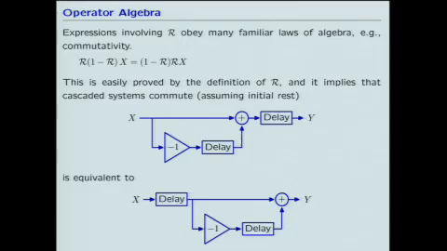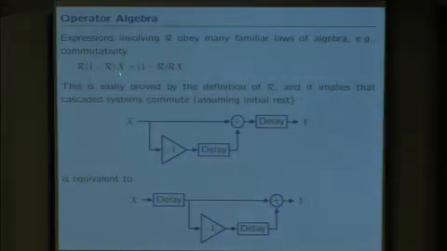So for example, it's easy to prove that if you were to cascade the 1 minus R operator with R, so start with X, apply 1 minus R, then apply R, that's going to result in the same signal, assuming initial rest, as if you were to flip those operators. The way I can see that is by thinking about signal flow.